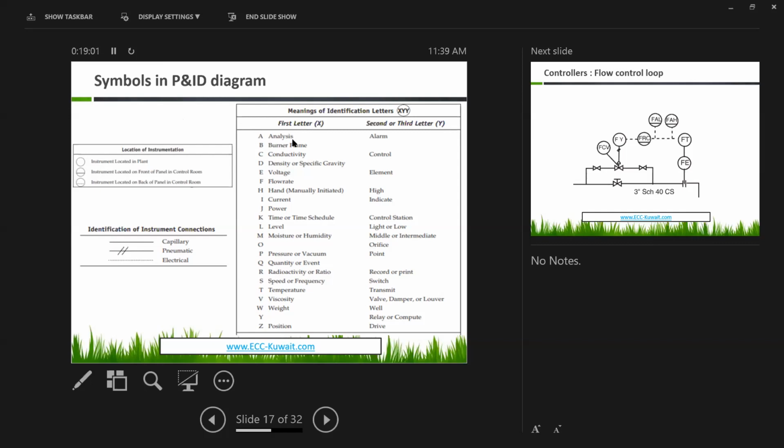There is an analysis of the data in this instrument. P is burner flame. C is conductivity.